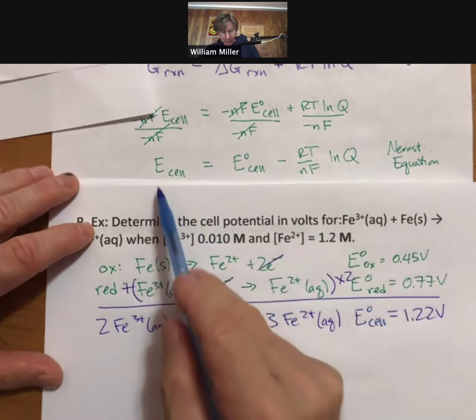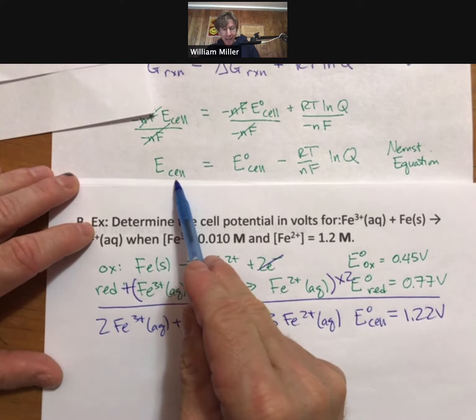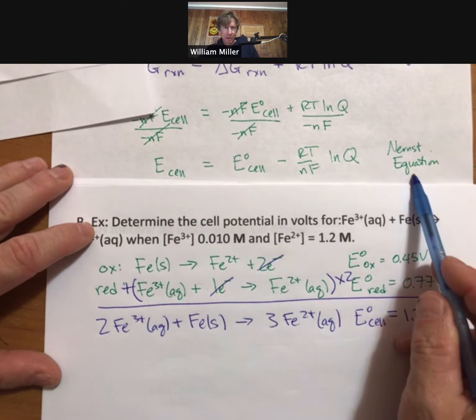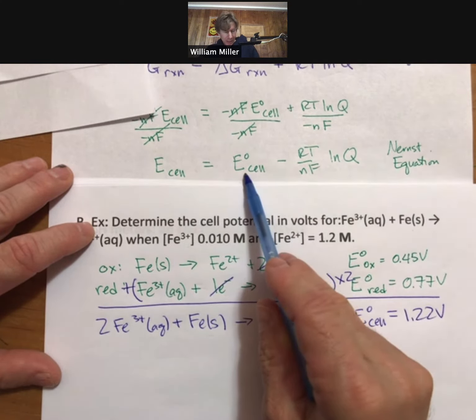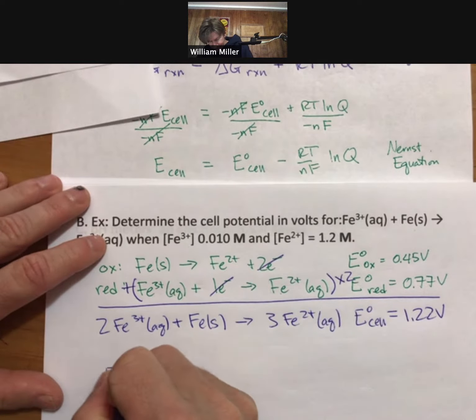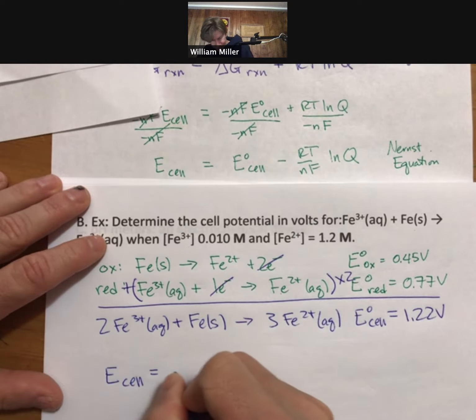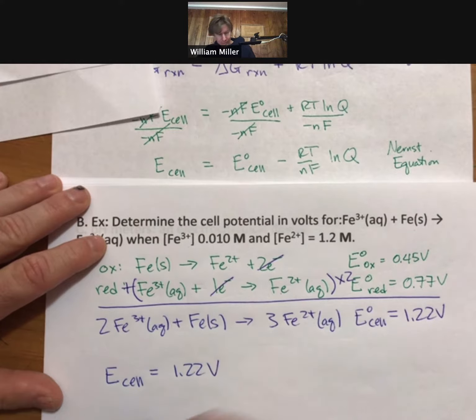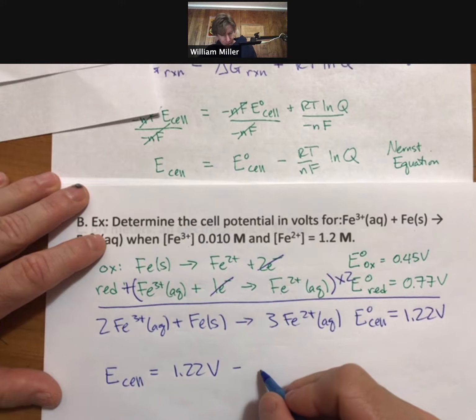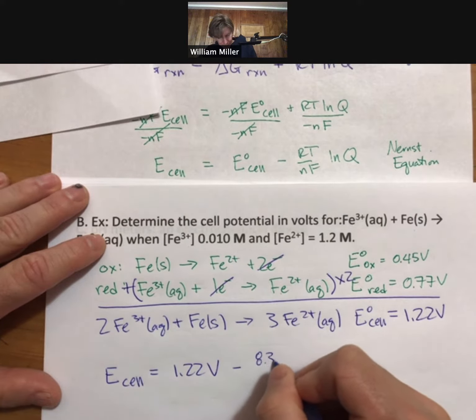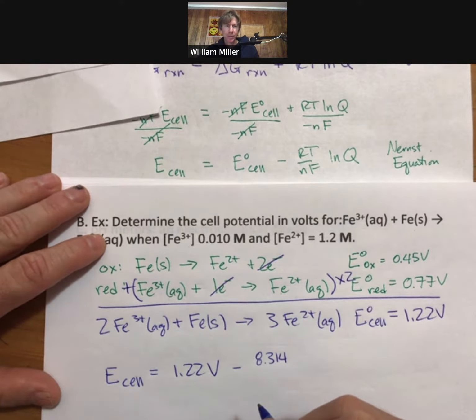So now let's figure out the cell potential at non-standard conditions using the Nernst equation. We know our standard cell potential, 1.22 volts. We know RT, so R is 8.314.